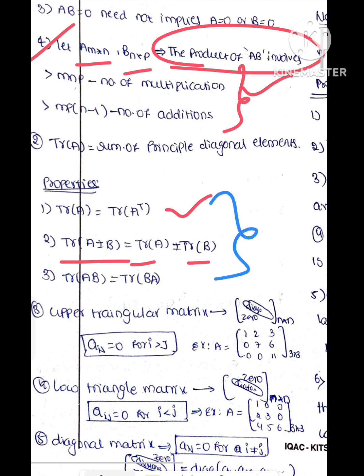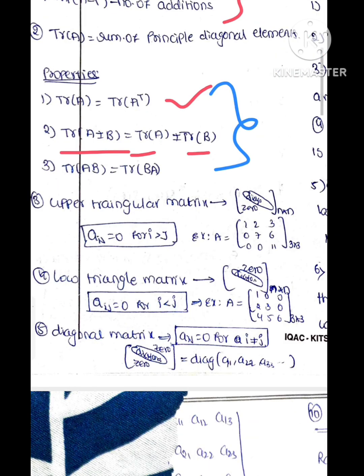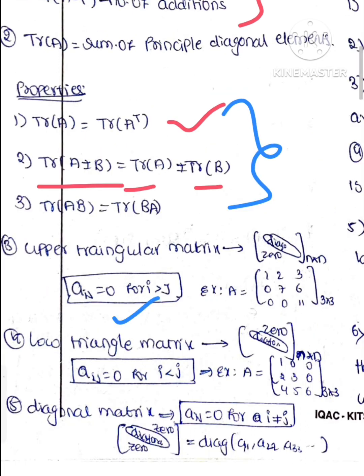And if you see here, they have given upper triangular, lower triangular and diagonal matrices. How can we identify these matrices? These are the conditions for upper triangular, lower triangular and diagonal matrices.